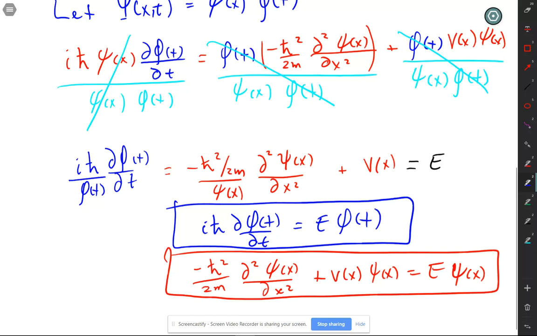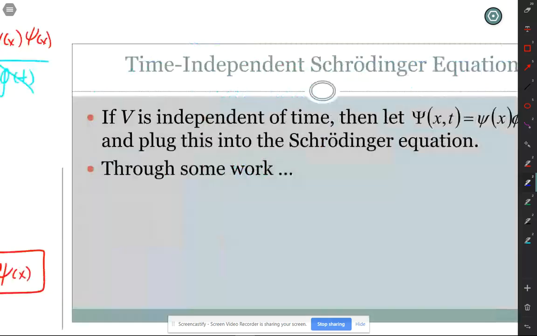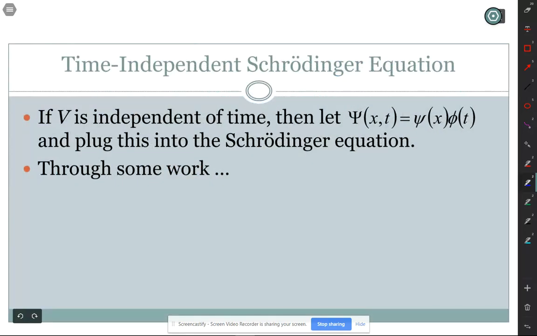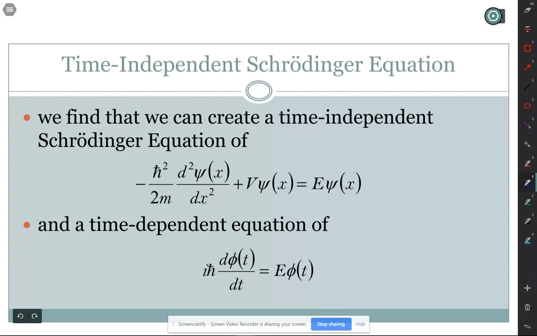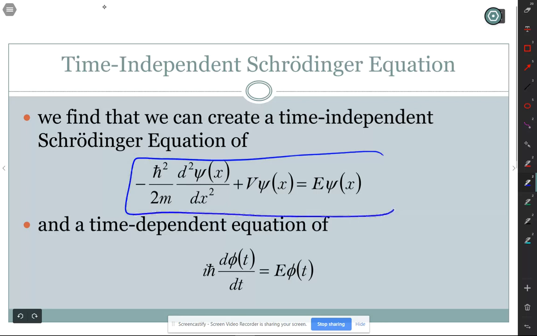Now, note both of these depend on this constant energy. If the energy changes, well, the energy in your solution there changed, but it's still energy. Now, I have slides with this. Through some work that we just did, you can get here's the time independent one, and then the time dependent one.